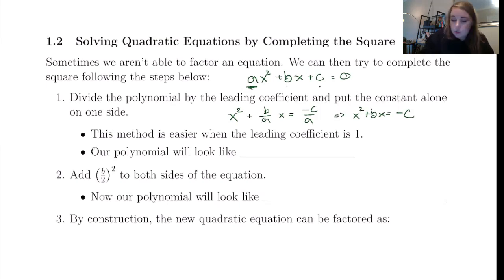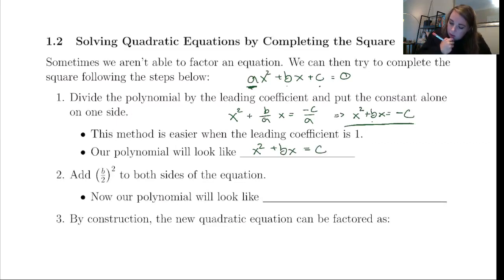So basically, I just want to make sure that my equation looks like this. My leading coefficient is 1. It's fine if something is in front of x, and it's fine if something is the constant, but I just need all the constant to be on its own side. Okay. Oh, and so our polynomial will look like x squared plus bx equal to c.